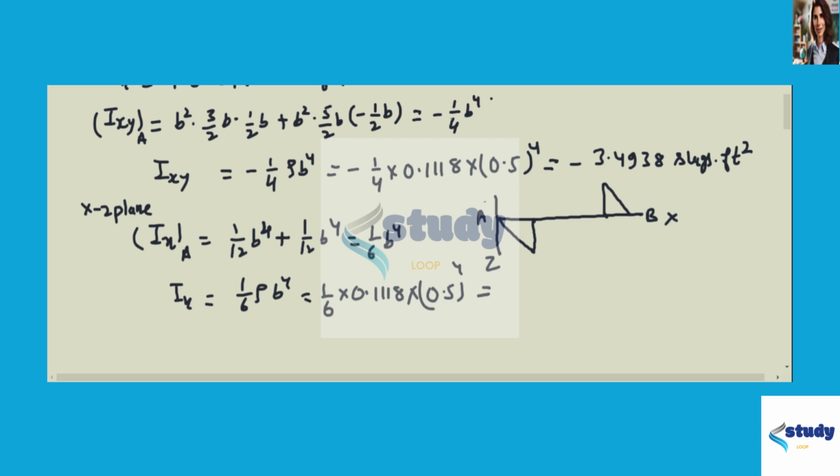So this would be 1.1646 10 to the power minus 3 slugs feet square.